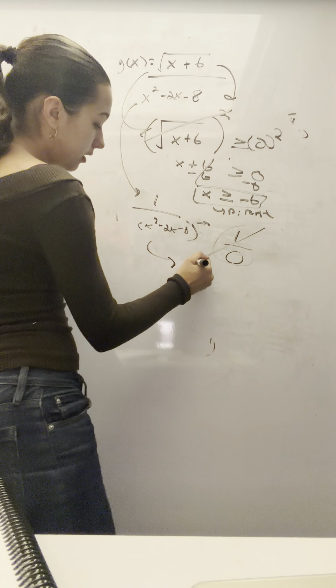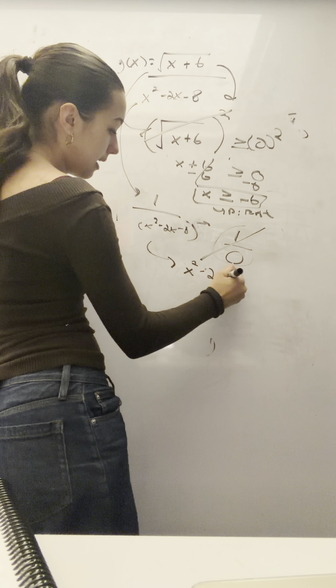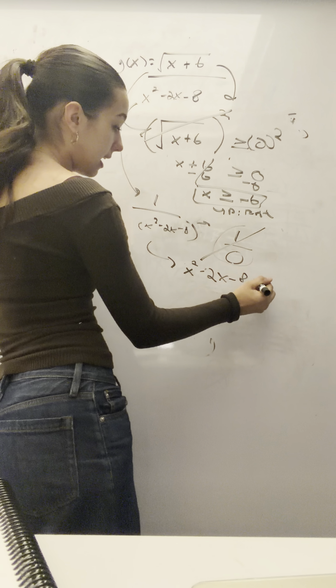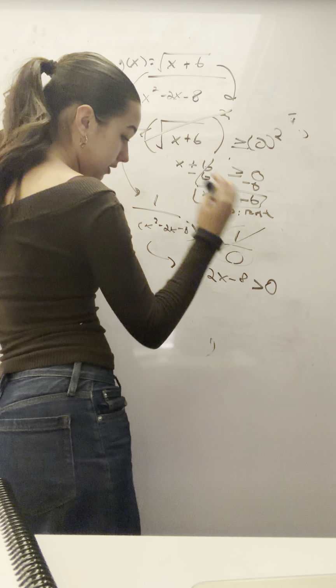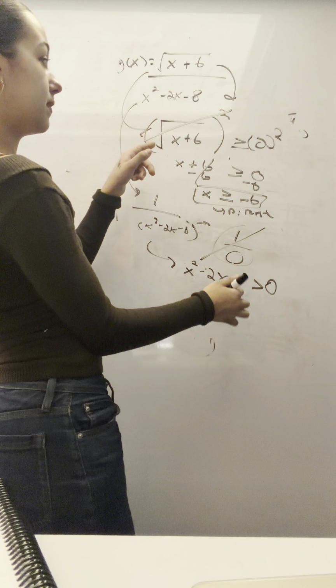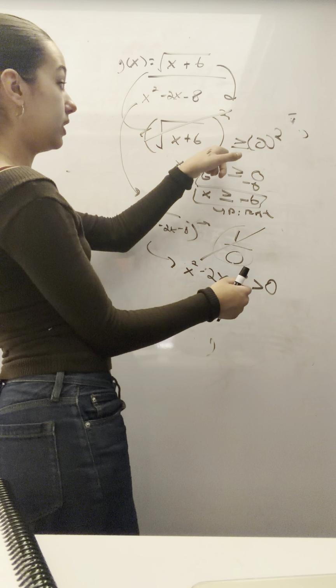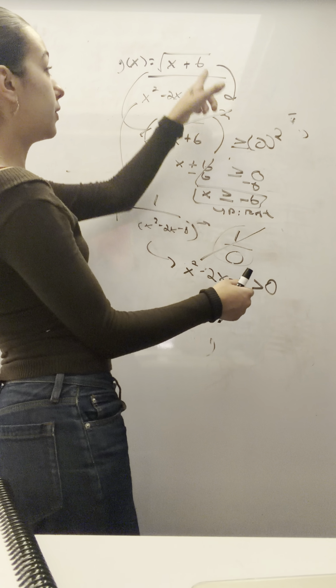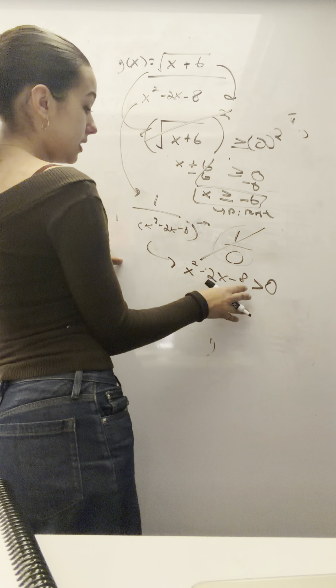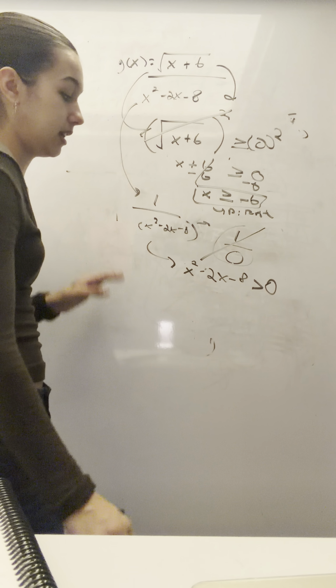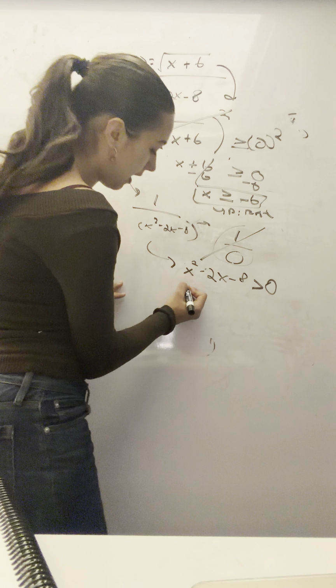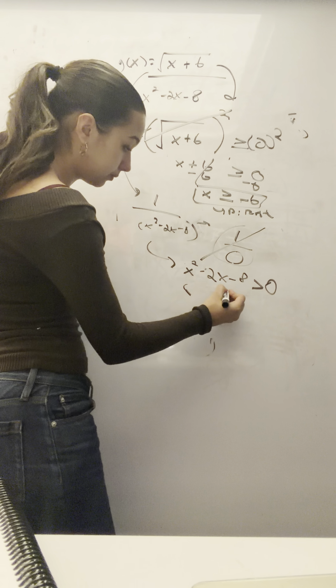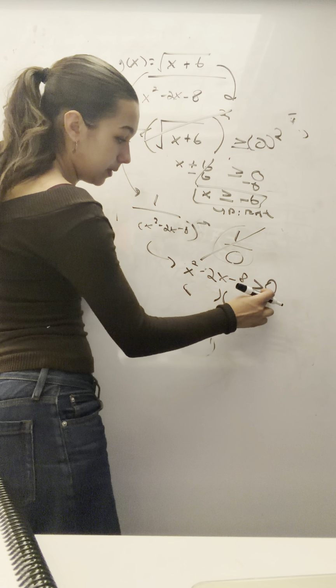So x squared minus 2x minus 8 has to be greater than 0. It's not inclusive like our previous function where it was greater than or equal to 0 for that numerator. For this instance, under no circumstances can this equal 0. So how can we figure out where it's going to give us that 0?